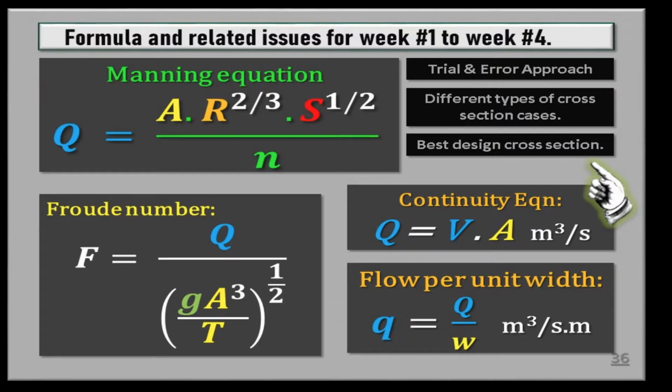Also, best design, cross-section. Continuity equation. Flow per unit width. Froude number. Be aware of that. It is 25% for first question in final exam. Also, will be in midterm and quizzes.